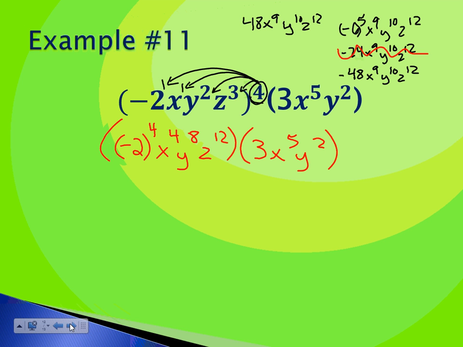So this is -2 times -2 times -2 times -2. Everybody understand? You got to do the negatives with it. A negative times a negative is a +4. A -2 times a -2 is a +4. And 4 times 4 is 16. X to the 4th, y to the 8th, z to the 12th.